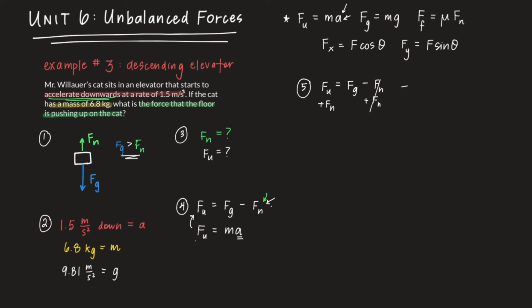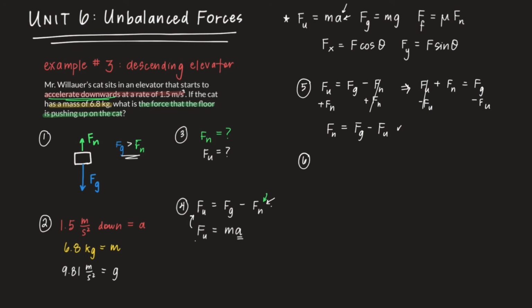So it cancels out on the right side, and I am left with Fu plus Fn is equal to Fg. And then if I want to have Fn by itself, I want to subtract Fu from both sides. So then my final equation, the rearranged equation, is Fn is equal to Fg minus Fu. So that is my rearranged equation that I'll be wanting to use to solve for Fn.